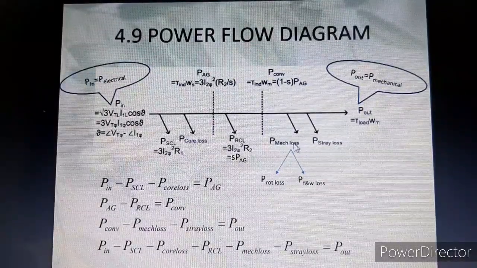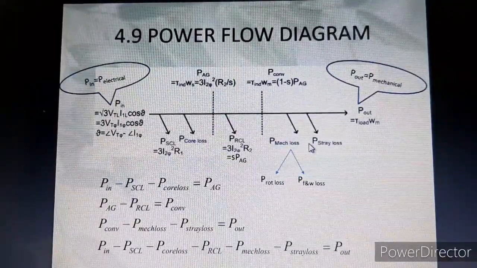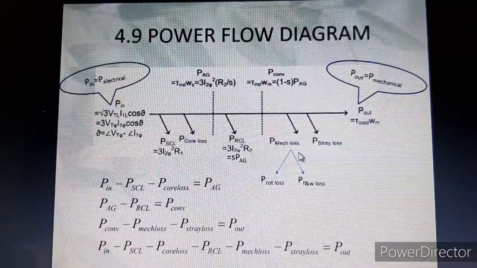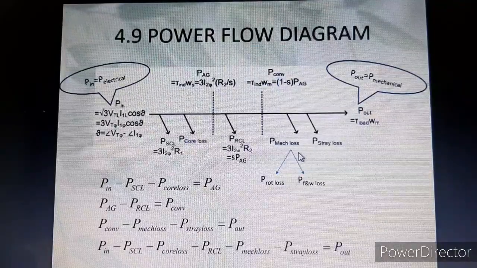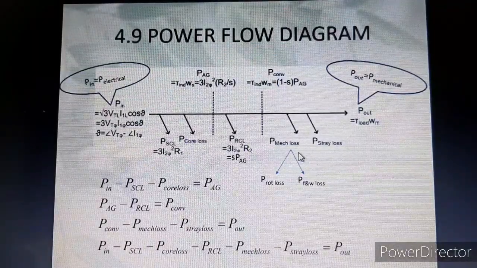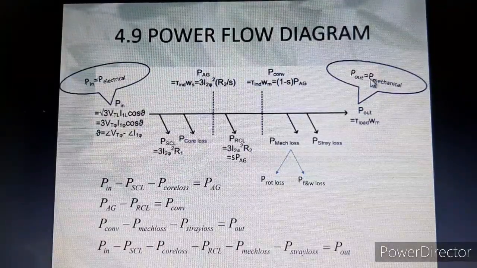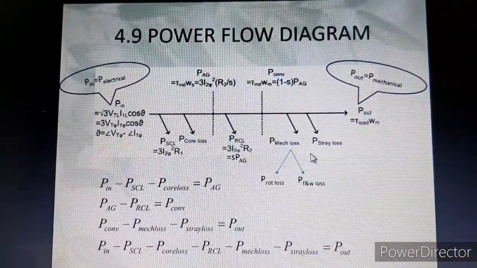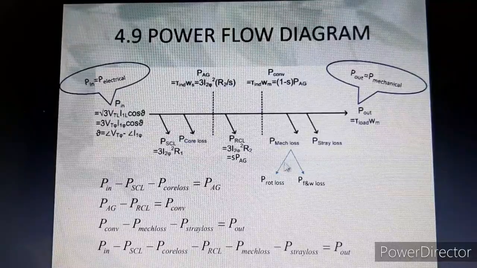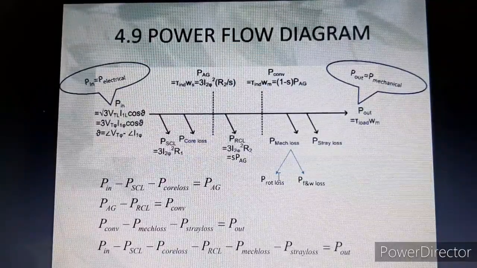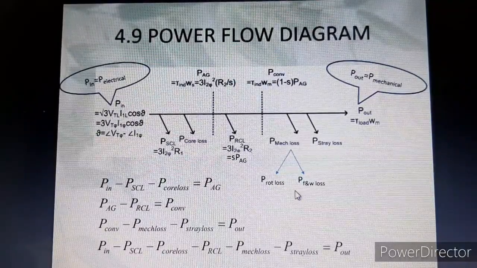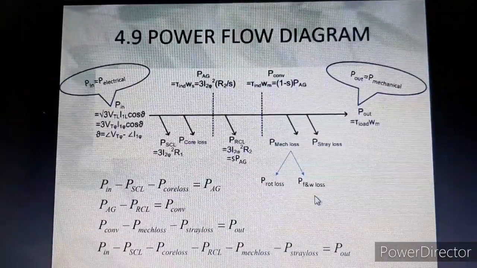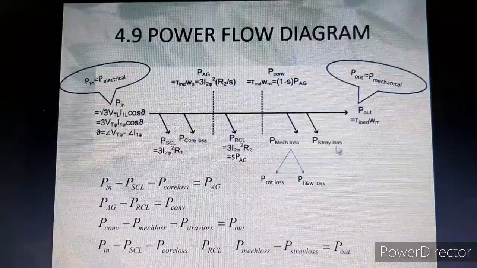Why is mechanical loss stated towards the end? Anything related to a moving part is called mechanical. Your output is on the rotor, and the rotor is rotating. That's why we have mechanical loss at the output part. Mechanical loss is divided into two: rotational loss and frictional windage loss. The last one is stray loss.